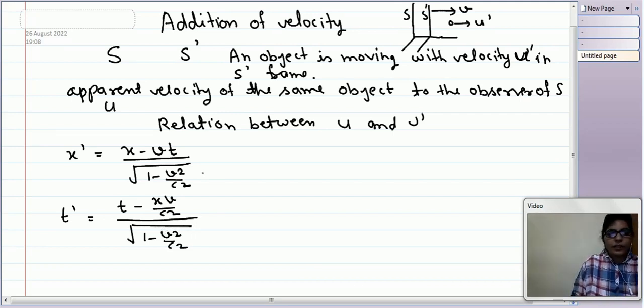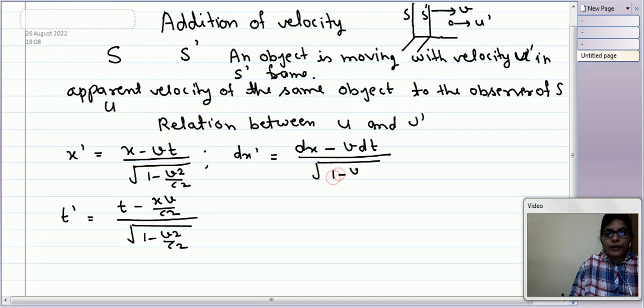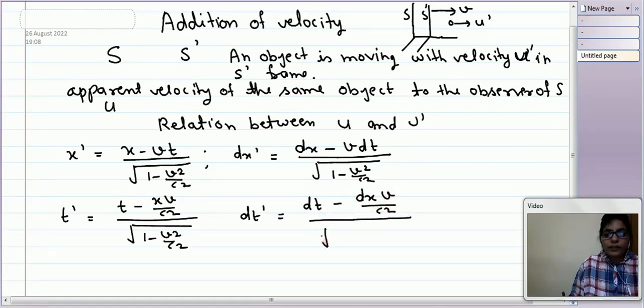Yes, these are right. So now dx dash is equal to dx minus v dt divided by under root 1 minus v square by c square, and similarly dt dash is equal to dt minus dx into v by c square divided by under root 1 minus v square by c square.